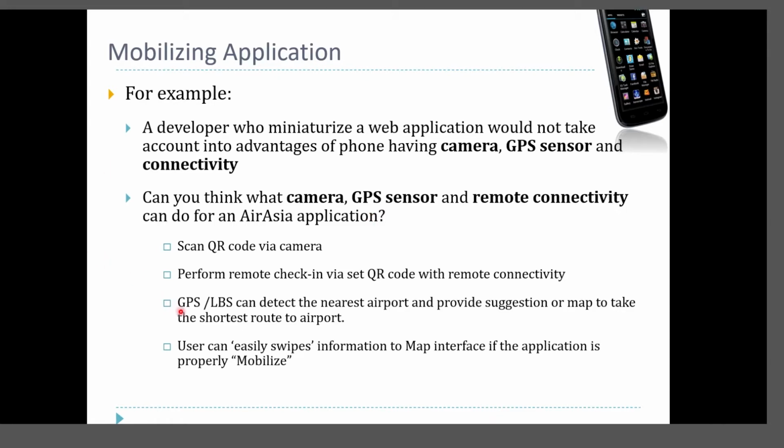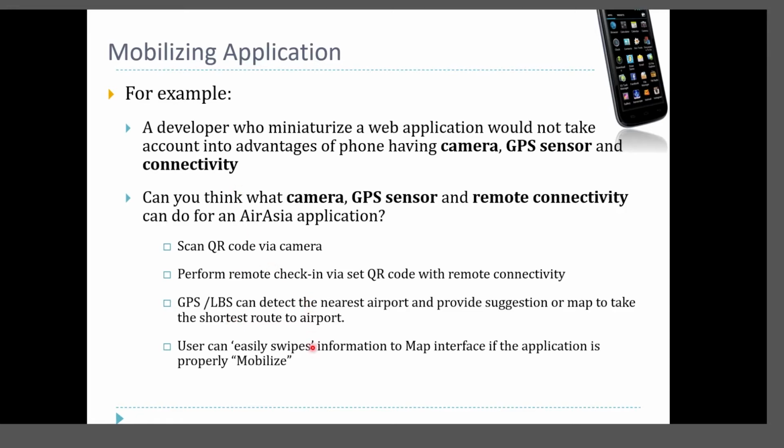For the camera, you can use it to scan QR code. And then you can also perform remote check-in via QR code with remote connectivity. And the GPS and LBS or location-based service can detect the nearest airport and provide suggestion or map to take the shortest route to the airport.